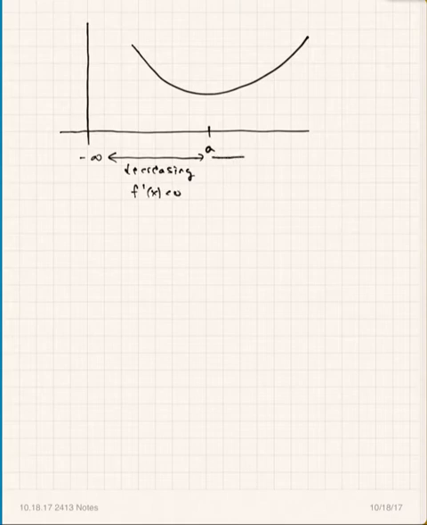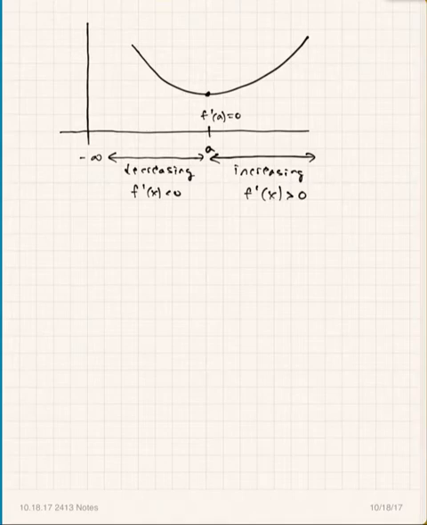And then at a, the graph changes. You do get that f prime of a is 0 again. And then when you go past a, the function changes to an increasing graph, and so we see that the derivative must be positive like that.